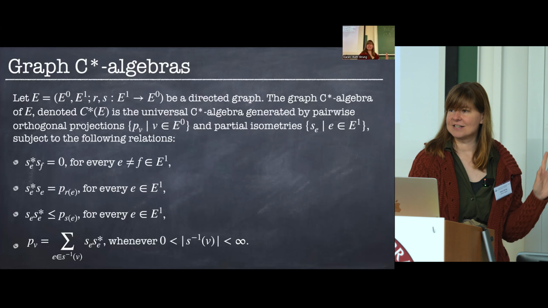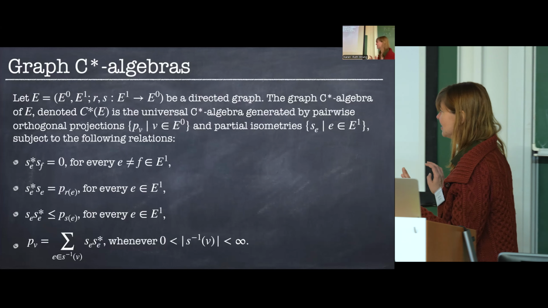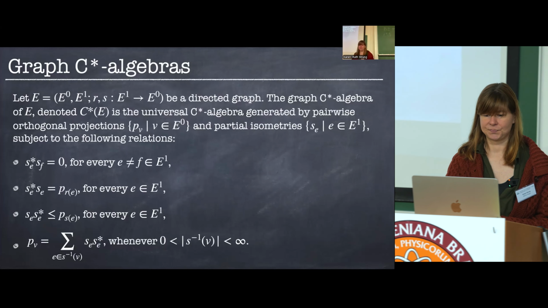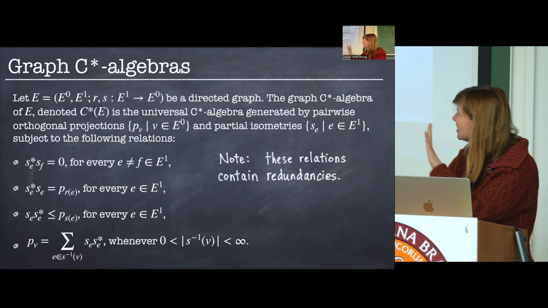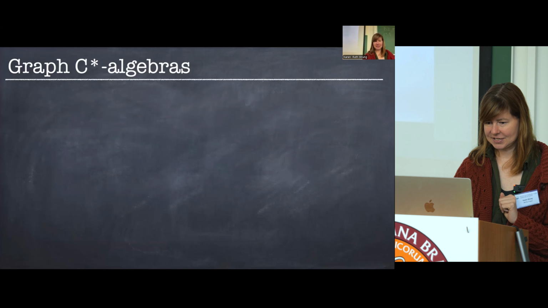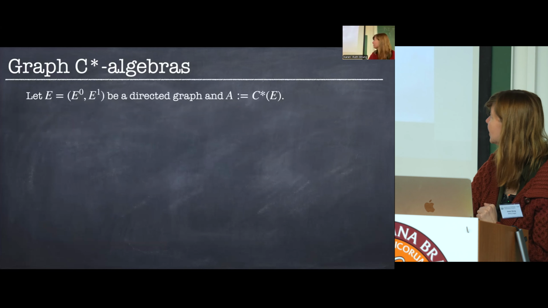So obviously it doesn't make sense if there's nothing leaving, and it doesn't make sense if there's infinitely many. So these do contain redundancies, but it's useful to think of them all, in my opinion.